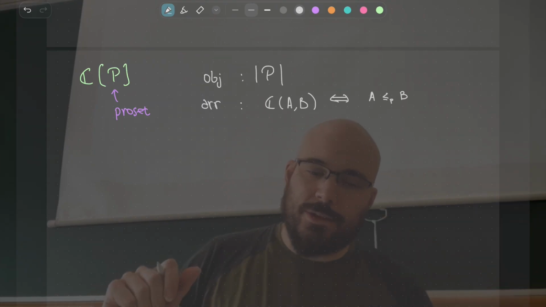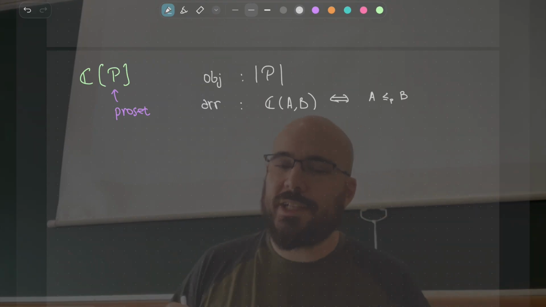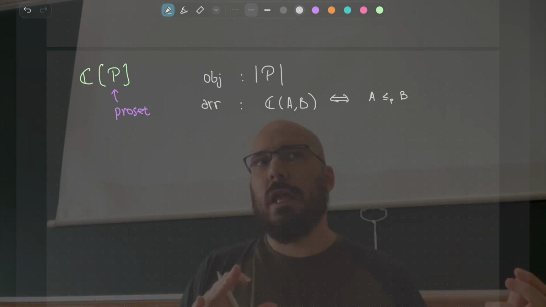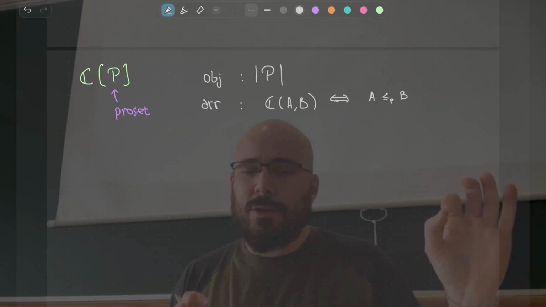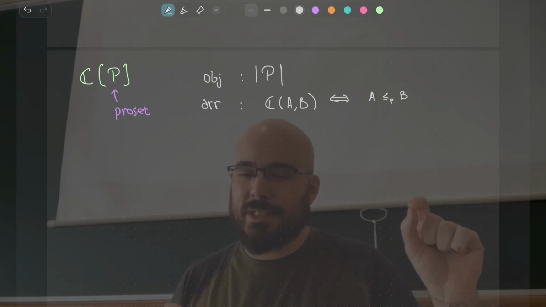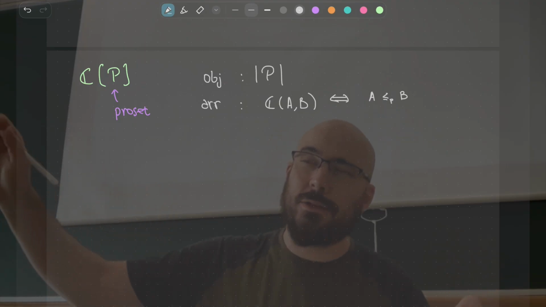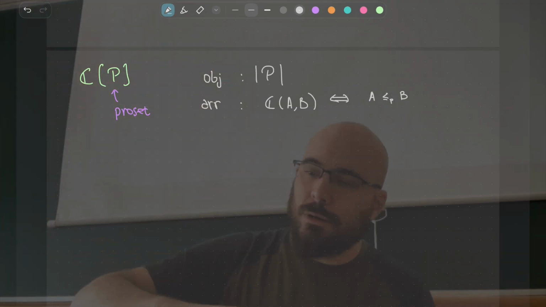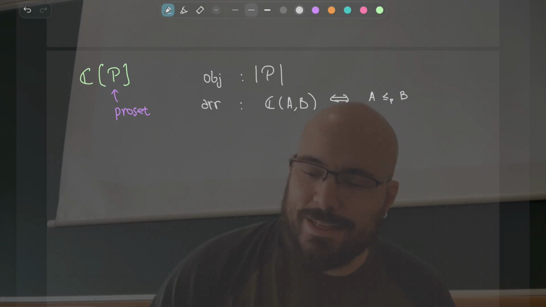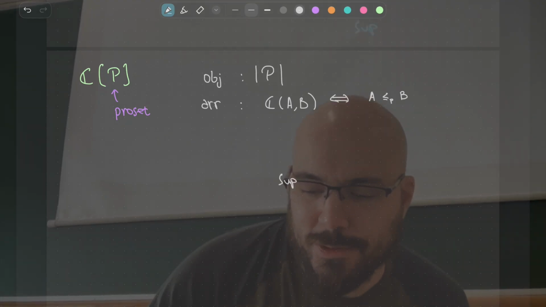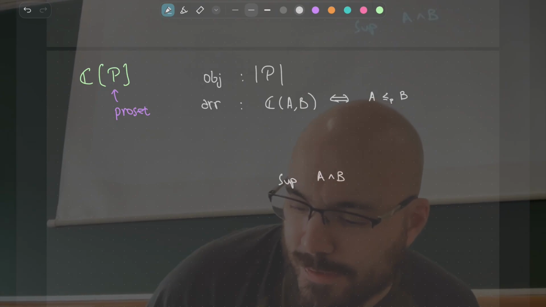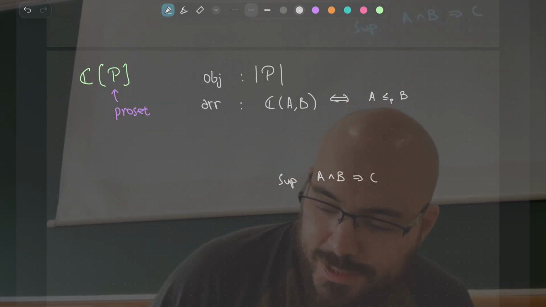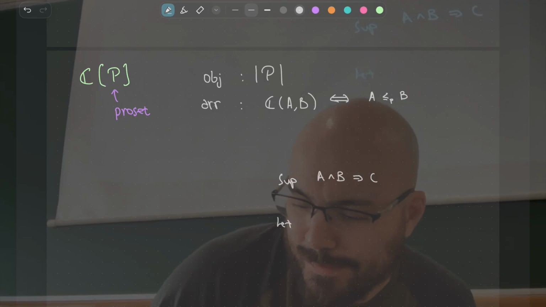Okay, so in this sense, categories are generalizations of the idea of a proset. And one way to think about what's happening here, and I want to emphasize this a lot because it has a strong connection with proof relevance, and how we go from saying things like, suppose, I don't know, A and B implies C, or saying things like, let H be an evidence of this thing.